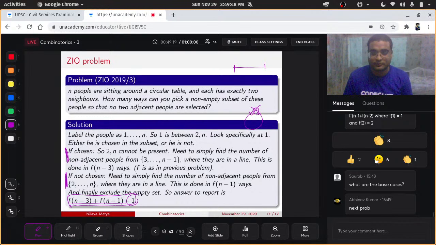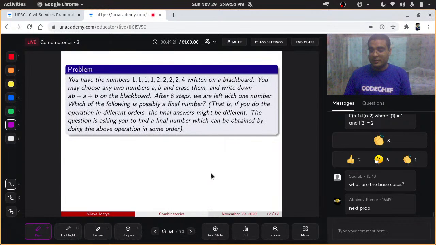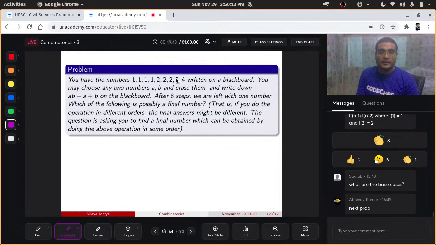Okay, now the next problem is that I have written some numbers on the board: four 1s, four 2s, and one 4. Now what you can do is take any two numbers from here. Suppose I take 2 and 4.